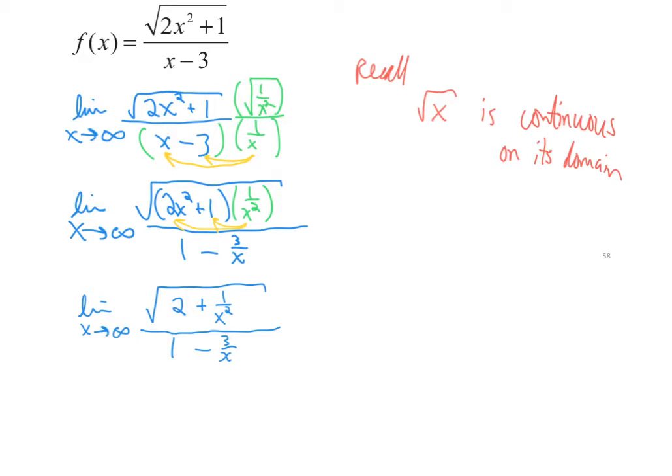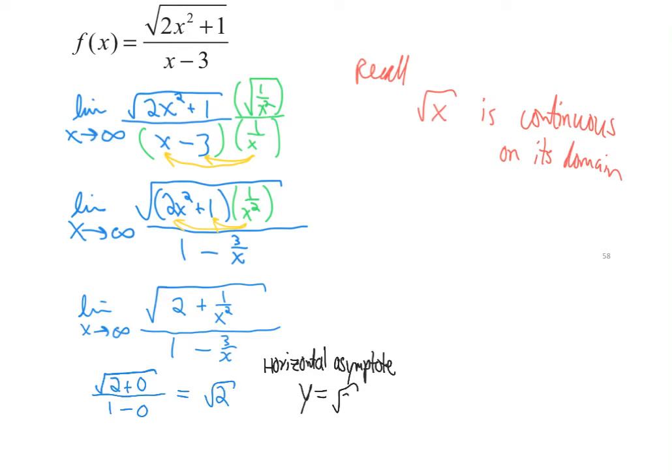That tells us our final answer is going to be square root of 2 plus 0 over 1 minus 0, which equals just square root of 2. And so since we're doing this to figure out the horizontal asymptotes, just as we did in the previous example, we have that our horizontal asymptote is the equation y equals square root of 2.